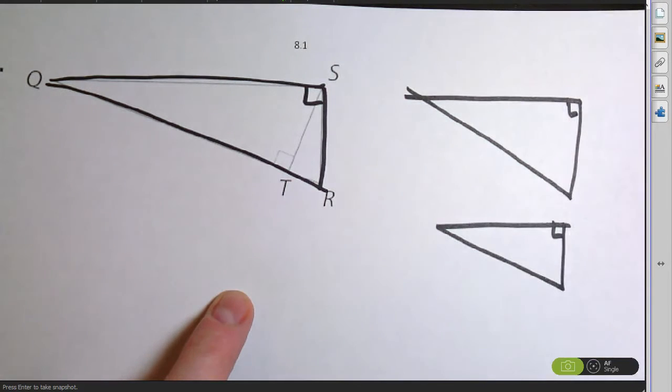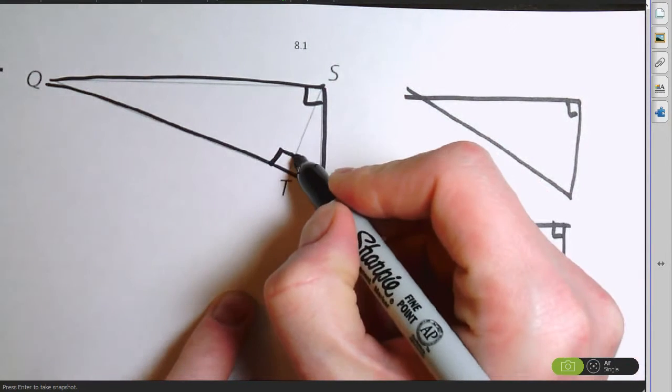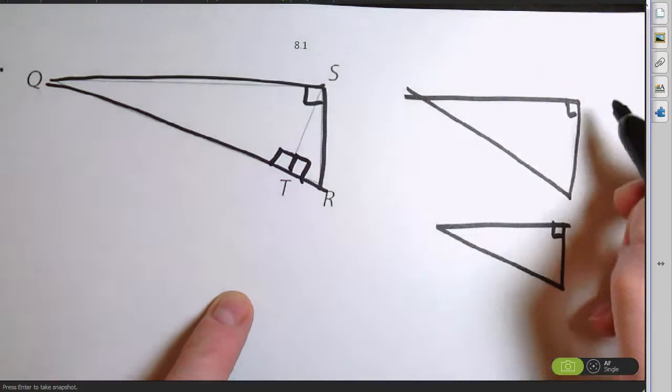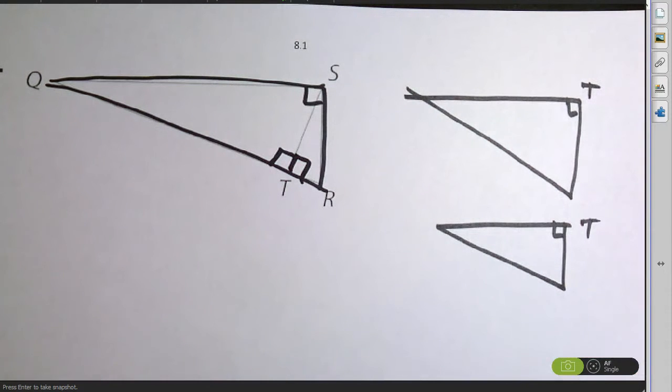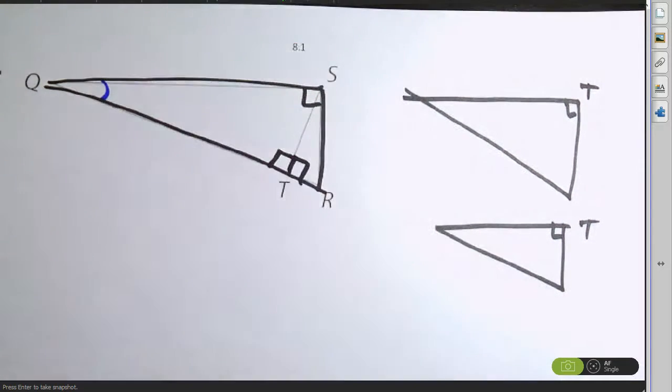And I put the right angle up in the corner, which here you can see it's right angle here, so both of those guys are going to be T and T for the right angles. Then I put a single mark on one angle, put a double mark on another.